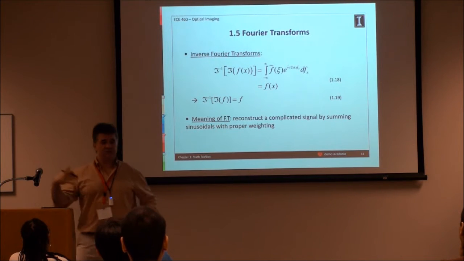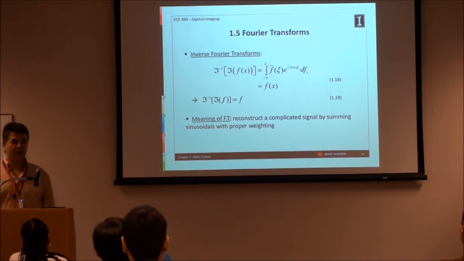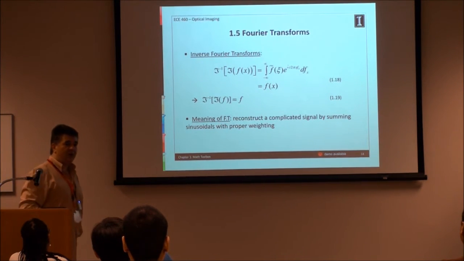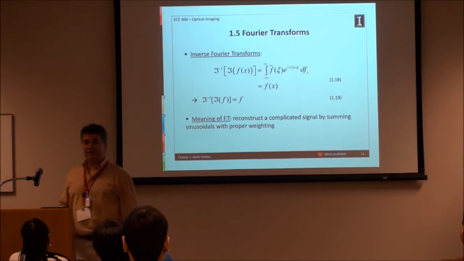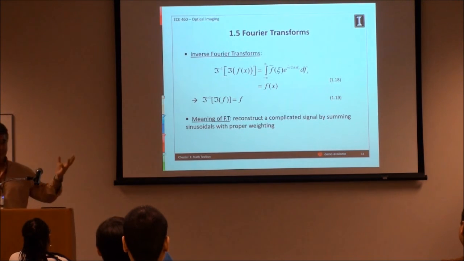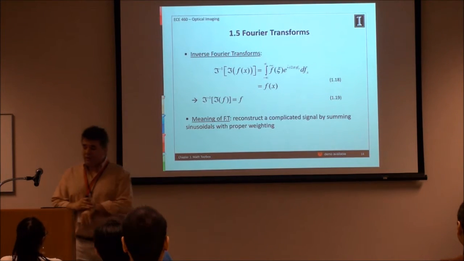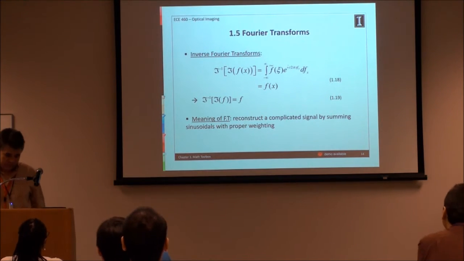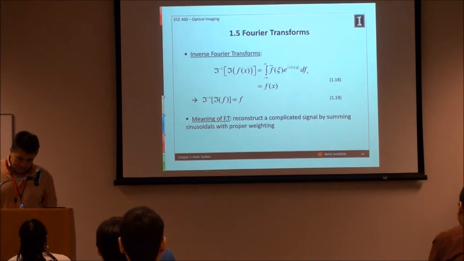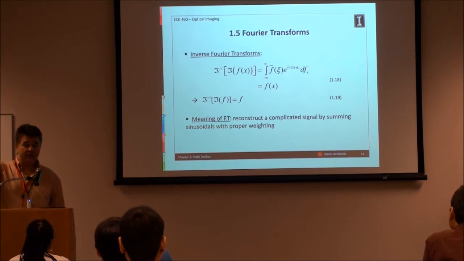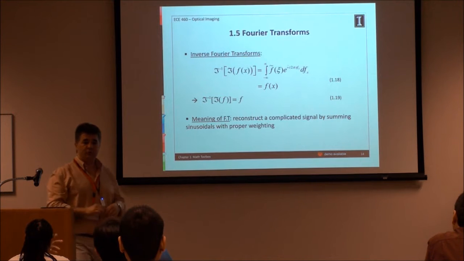I noticed, again, physicists use a different convention from engineers. And on top of that, physicists use i, and engineers use j, or minus j. But anyway, forget all that. It's a convention. I'll explain what my convention is, but for now it doesn't matter. So what happens if I take a Fourier transform of a Fourier transform? Not the inverse Fourier transform.